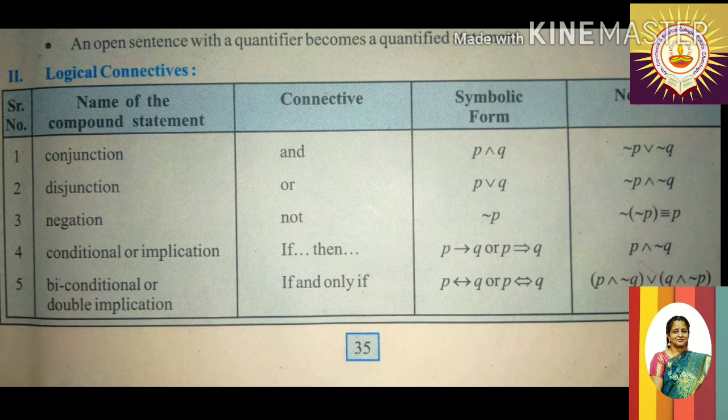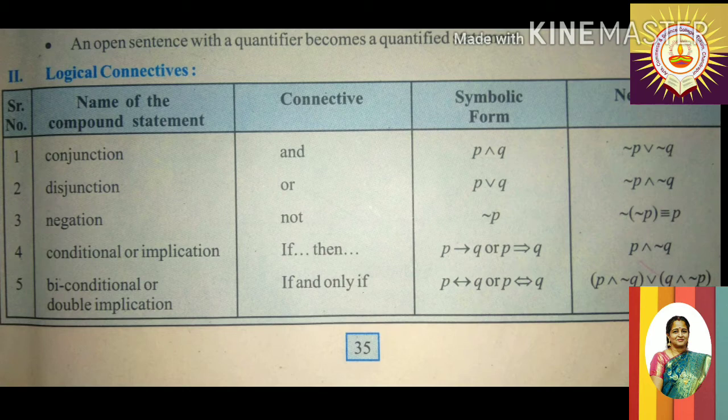I will show this in chart form. First is negation of conjunction. We know that conjunction statement is denoted by P and Q. So its negation is negation P or negation Q. Here this is nothing but De Morgan's law.